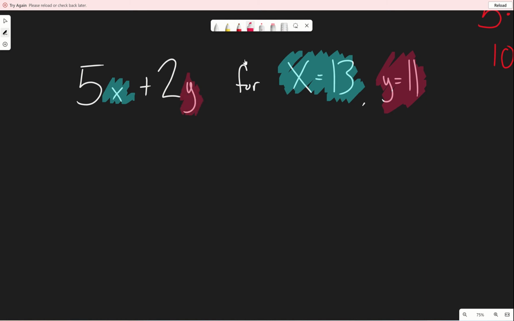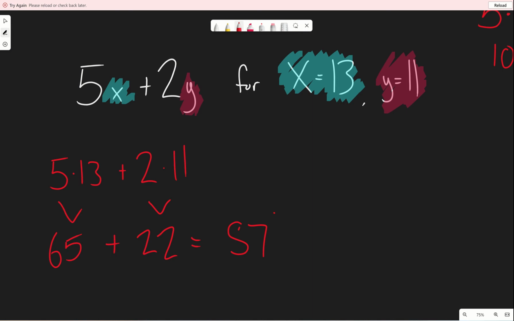Let's rewrite my problem here. So remember, number next to letter means multiplication. So this is 5 times 13 plus 2 times 11. Let's solve these out. 5 times 13 is 65. 2 times 11 is 22. Add those up, and I get 87. You're seeing how this works. Always just plugging in our letter where we see it in our expression.